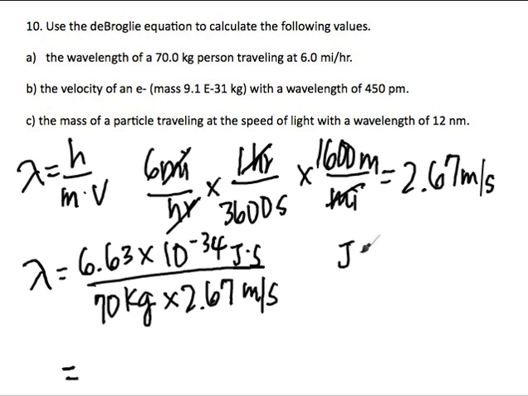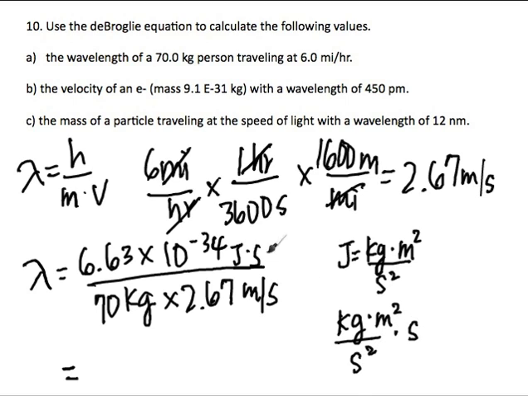So let's just do a quick check. Joules equals kilogram times meters squared over seconds squared. Therefore, if we do kilogram times meters squared over seconds squared times seconds in Planck's constant, divided by kilogram times meter per second, we see that the kilograms cross out, the seconds also cross out, and we're left with 1 meter.